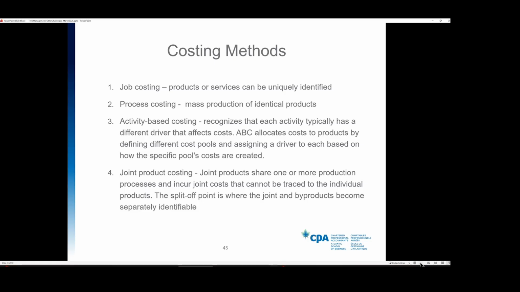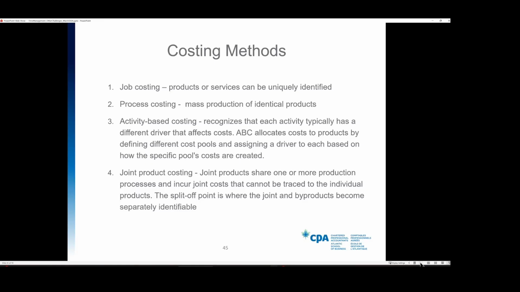Please make sure that that's on your list to review because you need to determine what drives that cost. You need to define the different cost pools, determine the appropriate cost base, and then calculate the allocation rate.